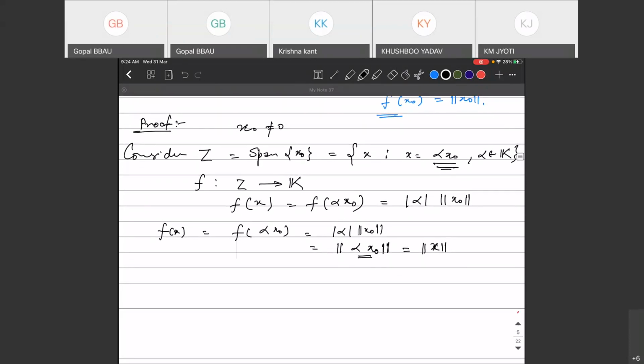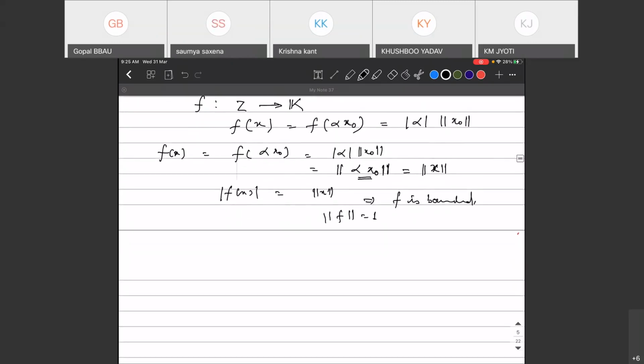So from here we get that mod of f of x equals norm of x, so f is bounded, and in fact the norm of f is 1. Is there any problem? Any doubt?